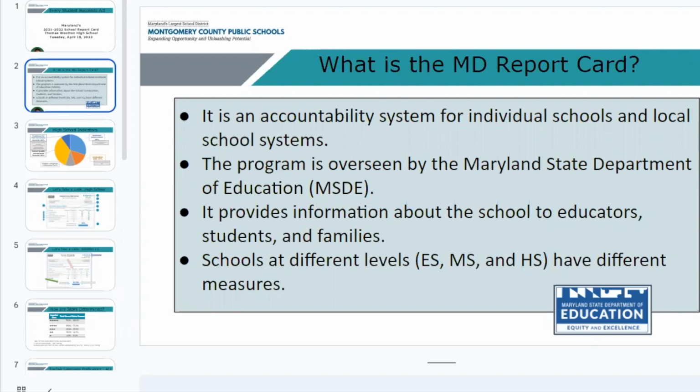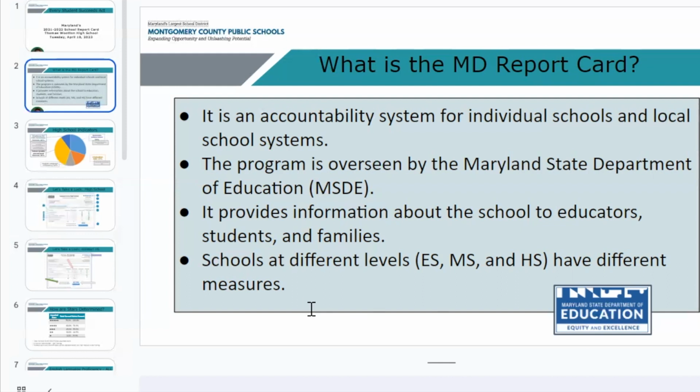And then there are also measures for each of the local school systems themselves. To put that in context for our school, there's specific information in our reports to Wooten directly, as well as to MCPS as a whole.